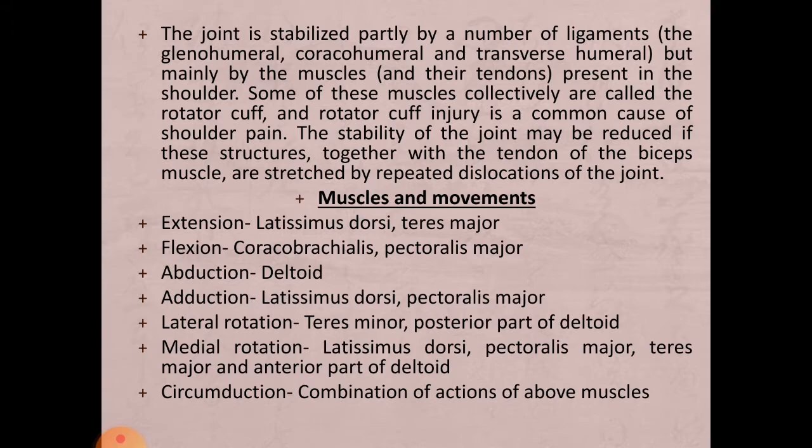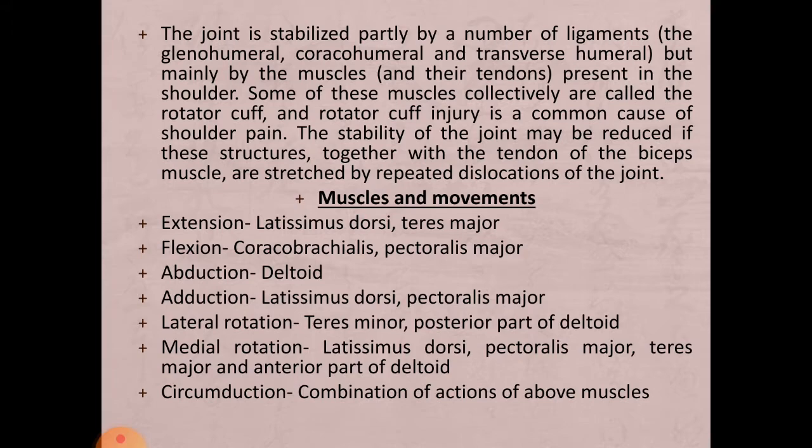Then we talked about the rotator cuff muscles, a group of 4 muscles providing stability to the shoulder joint: the supraspinatus, infraspinatus, teres minor, and subscapularis muscle. Rotator cuff injury is a very common cause of shoulder pain, and it can be caused by an accident or by overuse that can cause tearing of these muscle tendons.